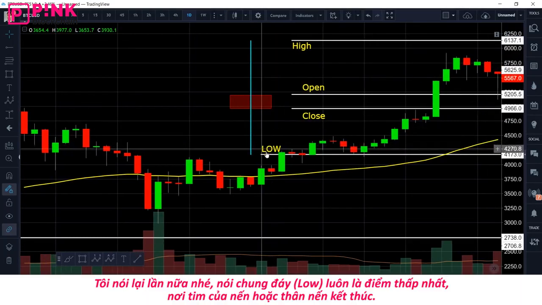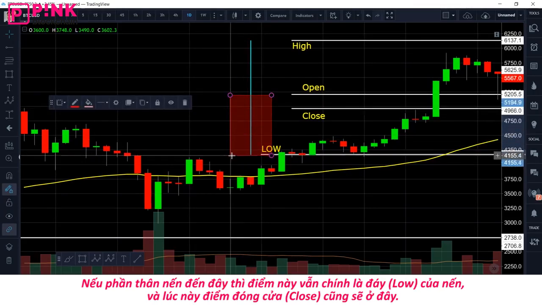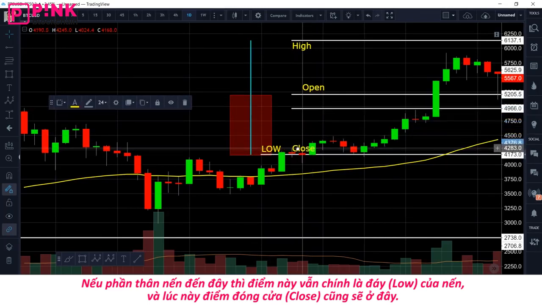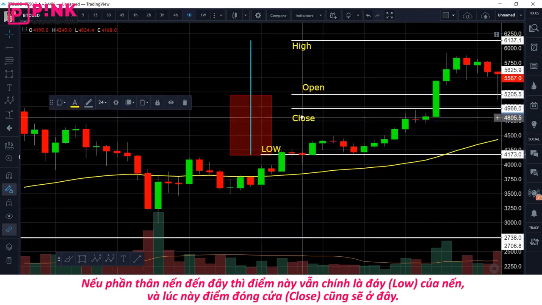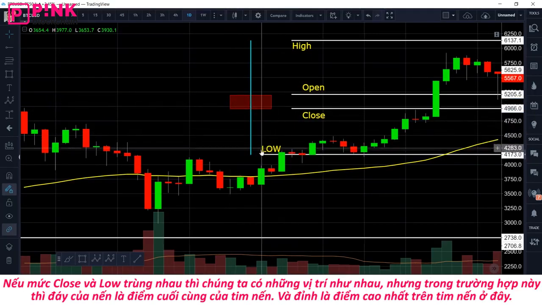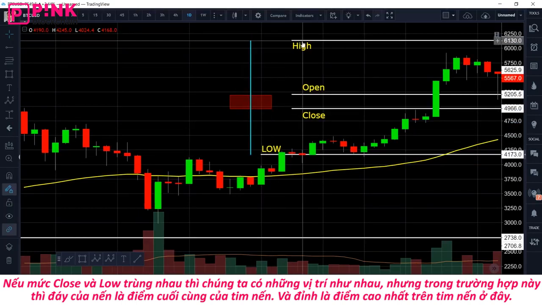So once again, the low is the lowest point in general of the candle, whether it's a body or just a wick. So if the body was down to over here, that's still the low, right? But now the close would actually be lower as well. The low and the close were actually in the same positions. But in this particular case, the low is at the lowest point where the candle is here, and the high is at the top point over here.